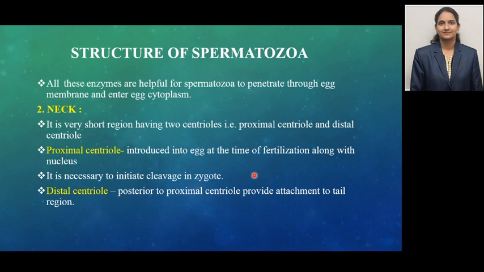Proximal centriole is introduced into the egg at the time of fertilization along with the nucleus, as it is necessary for cleavage in the zygote, while the distal centriole, posterior to the proximal centriole, provides attachment to the tail region or flagellum.